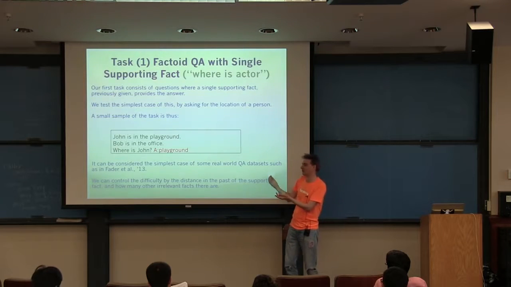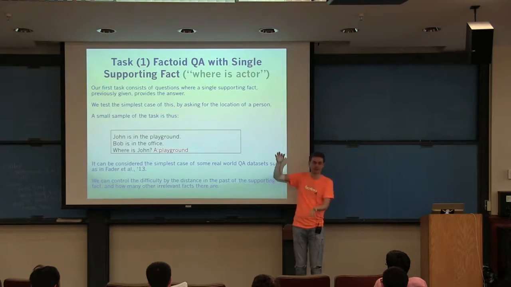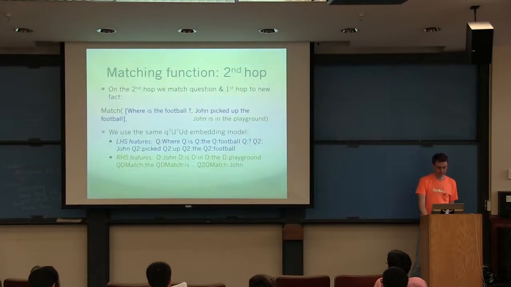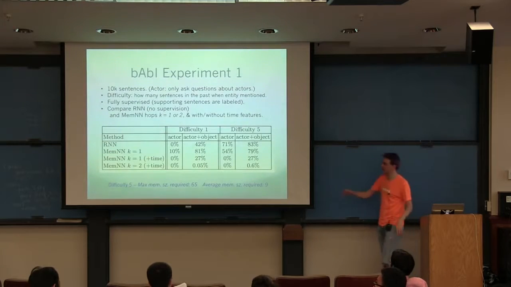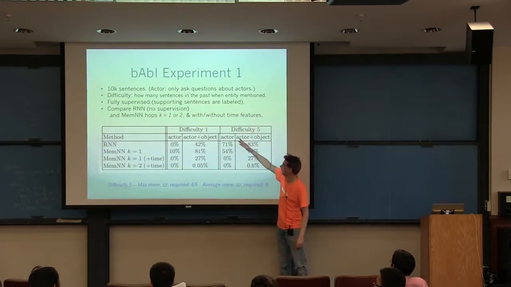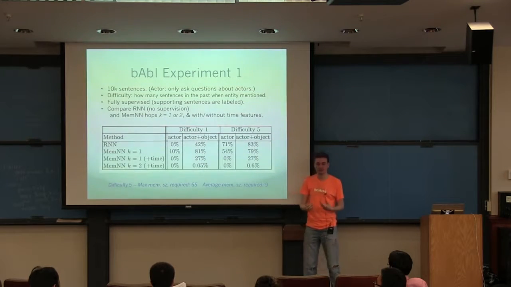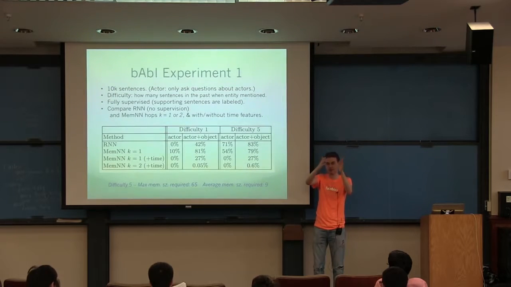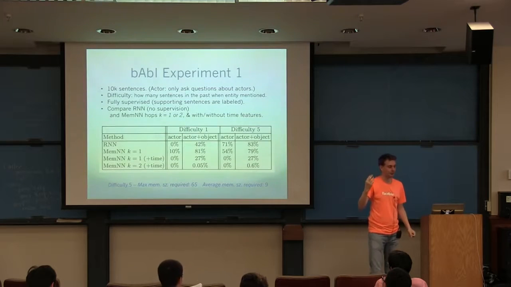We call it a difficulty of 1 if the supporting fact is only one sentence away, and a difficulty of 5 if it can be five sentences away. These are the two difficulty levels, and these are the two tasks, the actor and the actor plus object. We compare to a standard recurrent neural network that is just reading the story up until the point that it gets the question, then it has to produce a symbol which would be the answer.